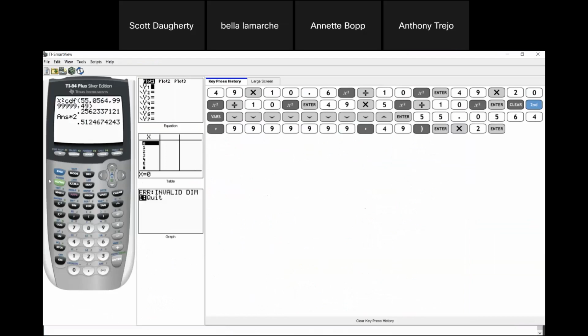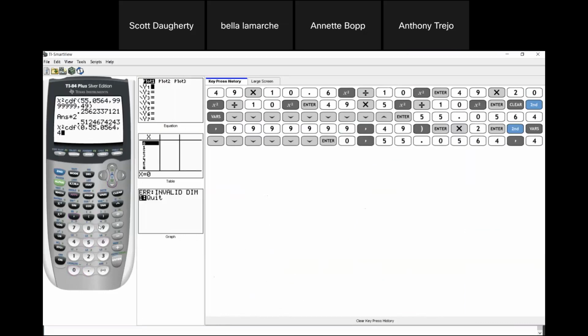So let's just see what it is real quick. Again, this is wrong, but I want to show you just in case you mistakenly do this. You would say chi-squared CDF from 0 to 55.0564 at 49 degrees of freedom. Area trapped in there is 0.744 if you round it off.